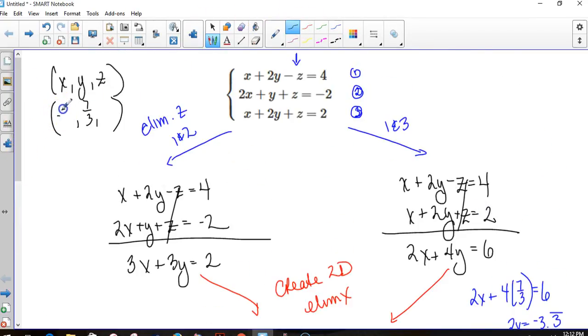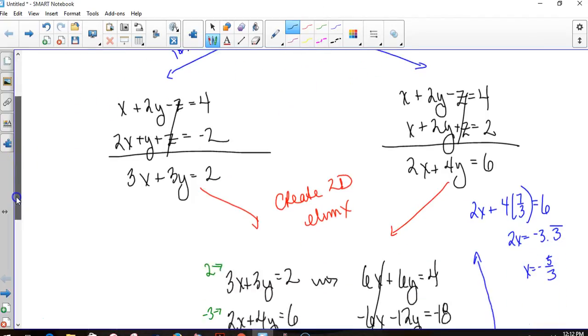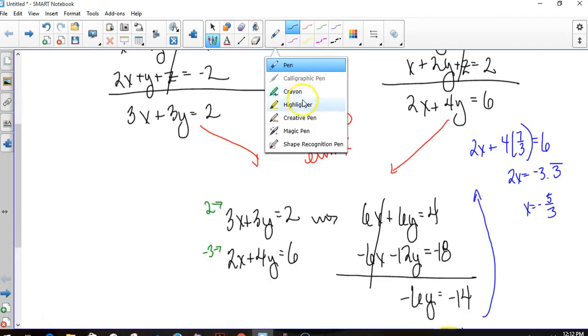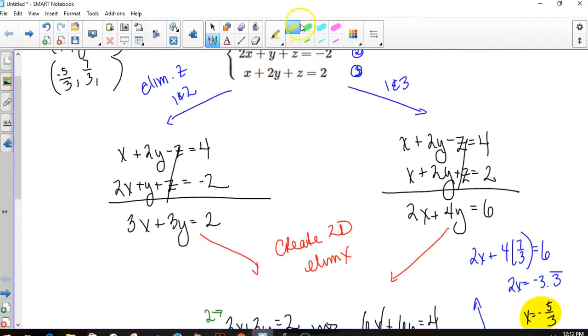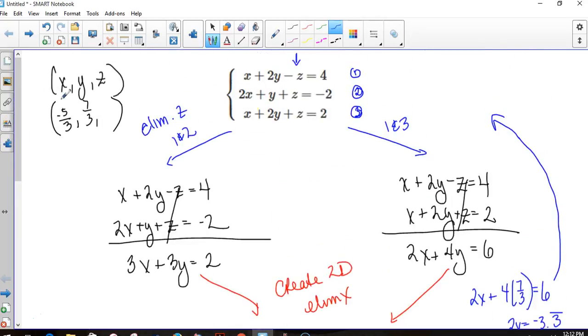All right, one more. I need to find z. Bring the x and the y up. So I have my x and I have my y, and go up one more level. Back up to the top. Pick your favorite. Let's see, who's my favorite? Number 3.